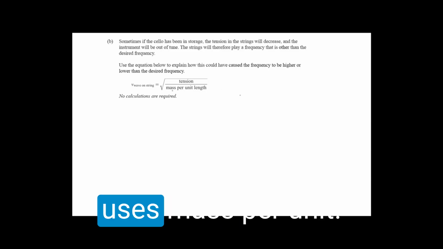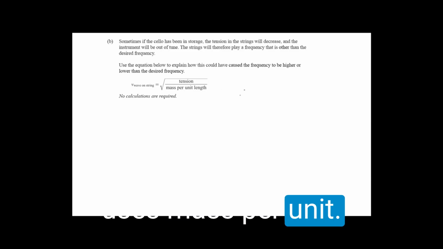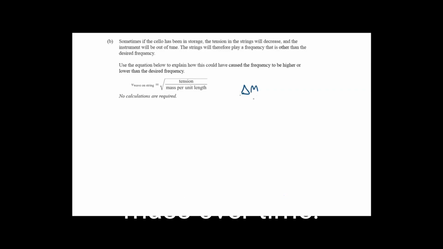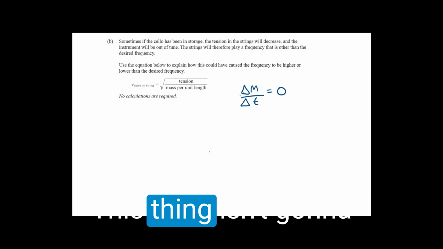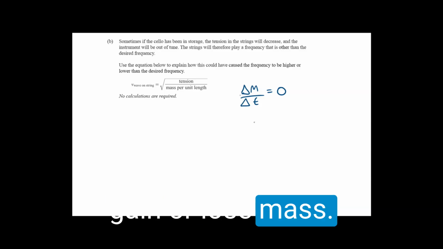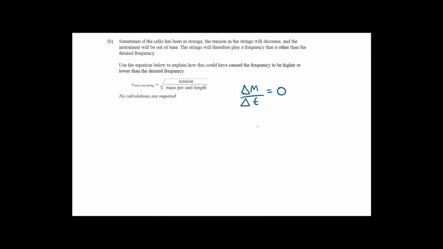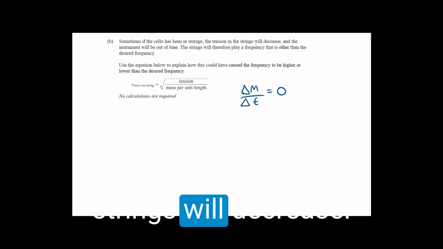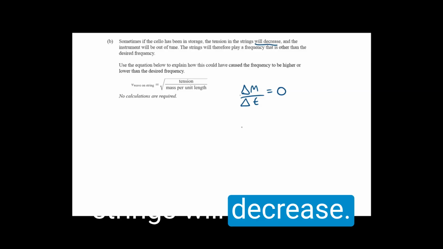Let's say that the change in mass per unit length over time is going to be 0. The strings aren't going to gain or lose mass. The tension on the strings will decrease.